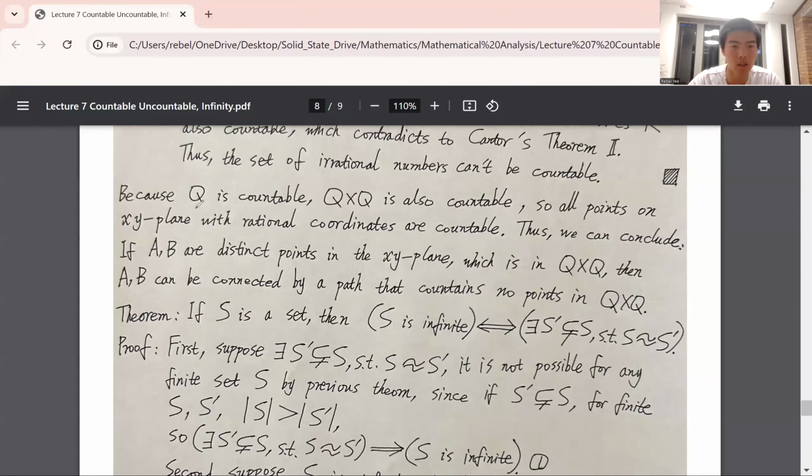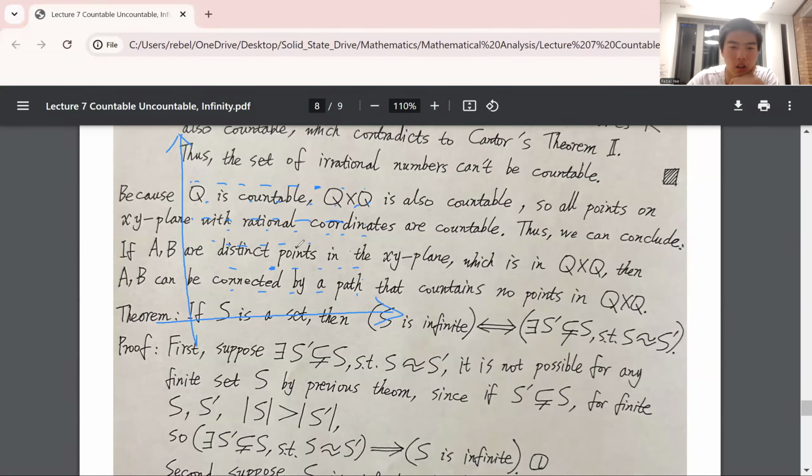What that means is, if there's an x axis and a y axis, there are countably many dots in this coordinate plane. Suppose A and B are distinct points in the xy plane, so one is here and another one is here.